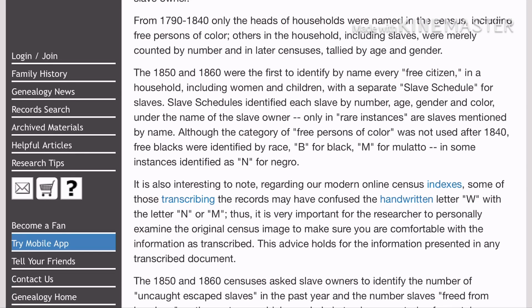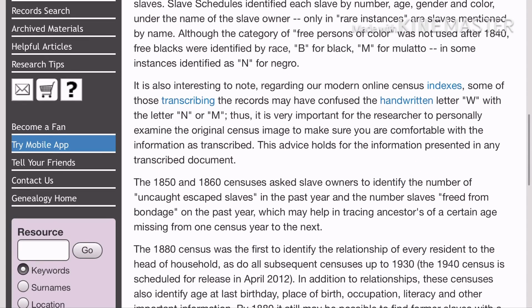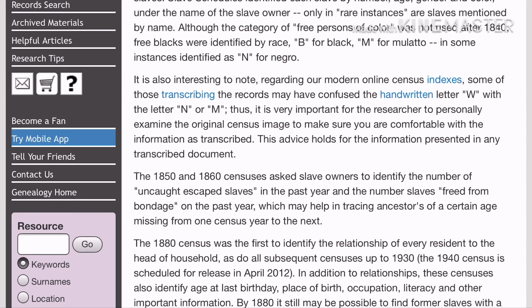It is also interesting to note, regarding our modern online census indexes, that some transcribers may have confused the handwritten letter W with the letter N or M. Thus, it is very important for researchers to personally examine the original census images to make sure you are comfortable with the information that's transcribed. This advice holds for information presented in any transcribed document.